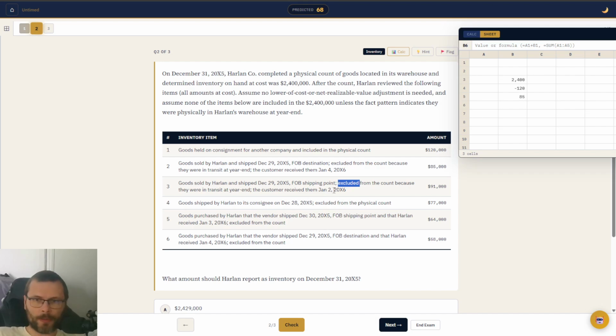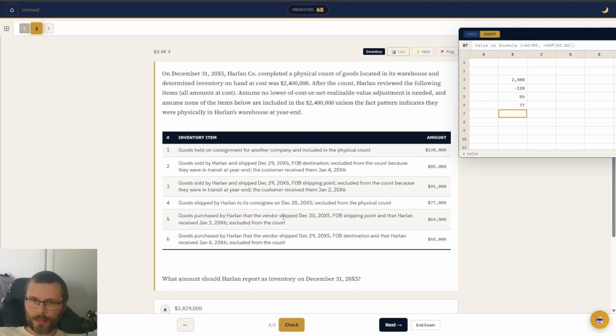They were properly recorded. The next one, goods shipped by Harlan to a consignee. They're ours until the consignee sells. Yes, they were excluded, so we need to add them back. Fifth one, goods purchased FOB shipping point.